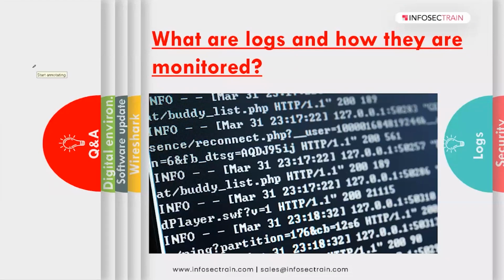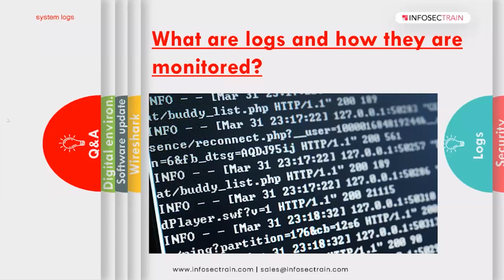So the system logs help in troubleshooting and diagnosing the technical issues. What they will be doing is capturing the system activities.